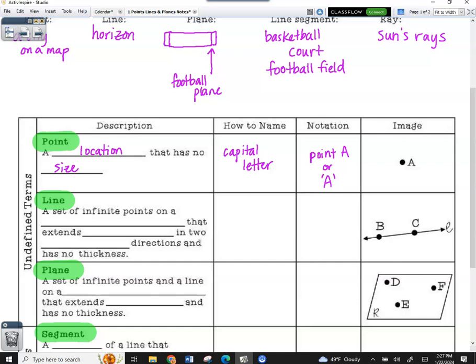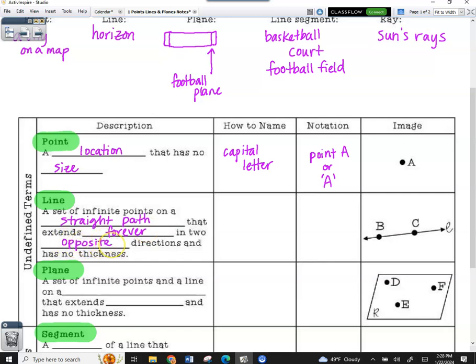All right, line. A line is a set of infinite points on a straight path that extends forever in two opposite directions.